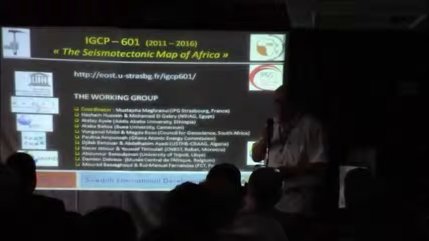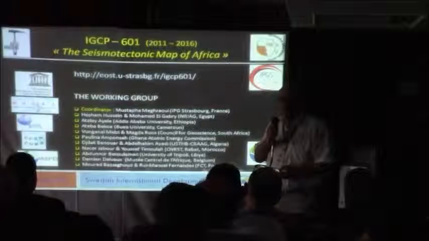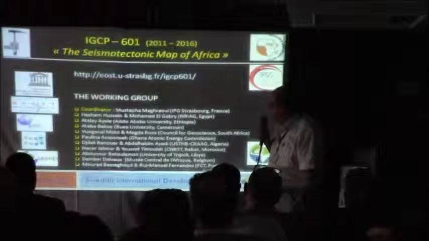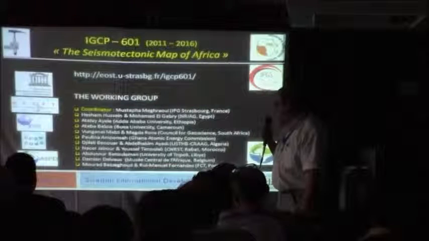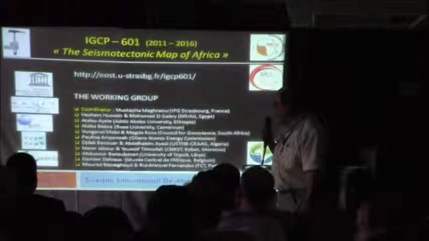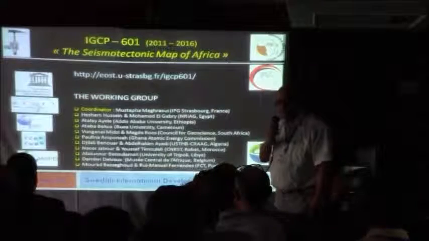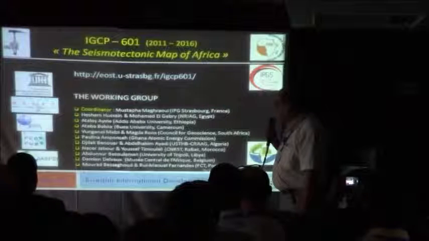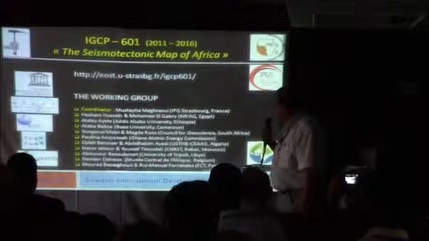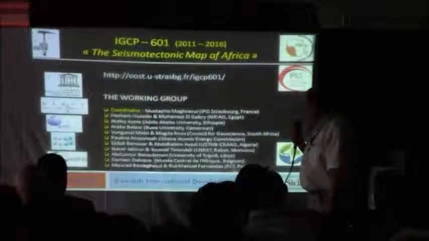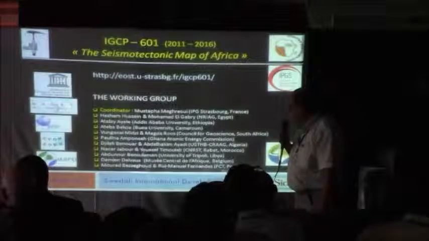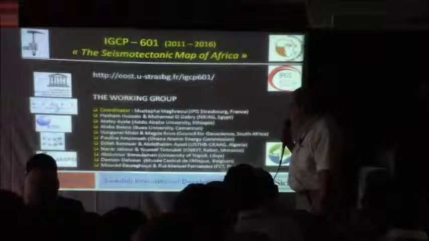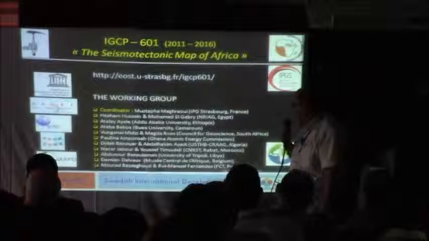The map is the sum of different contributions, and here is a working group that I have the privilege and pleasure to coordinate: Hisham Hussein and Mohammed Al-Kabri from Egypt, Atalay Ayele from Addis Ababa University, Ateba Bekoa from Buea University in Cameroon, Ngonidzashe Midzi and Magda Roos, Magda being the person in charge of the GIS, from the Council for Geoscience in Pretoria, Paulina Amponsah from Ghana Atomic Energy Commission, Djillali Benouar and Hakim Aoudia from the University of Algiers and the Research Center in Geophysics in Algiers, Nasser Jabour and Youssef Mourabit from the Research Center and University of Mohammed V in Rabat, Morocco, Abdelnoor Ben Suleiman from the University of Tripoli in Libya.